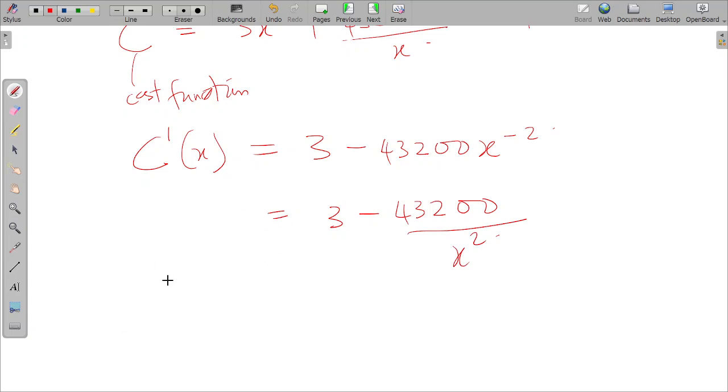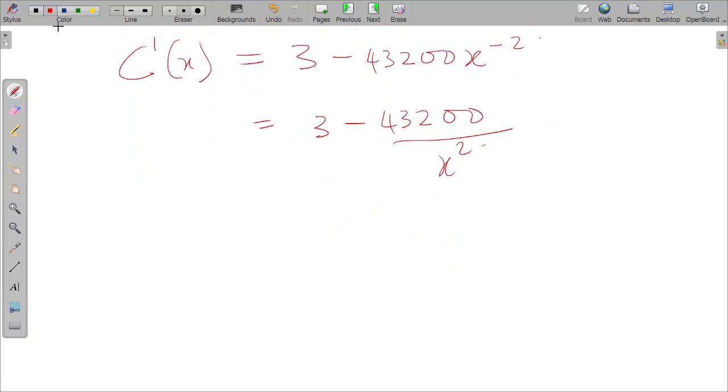Now the next thing is to equate the derivative to 0, but I can write this as a single fraction like this. That will be 3x squared minus 43200, all over x squared. So equate the derivative to 0.